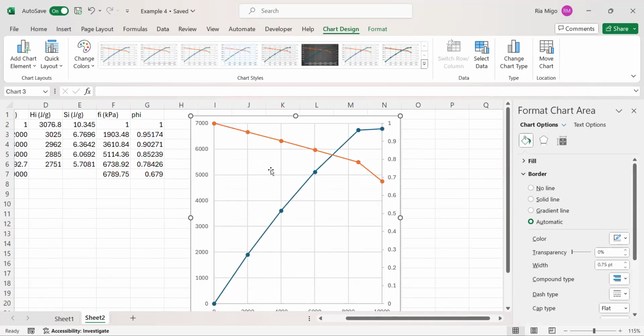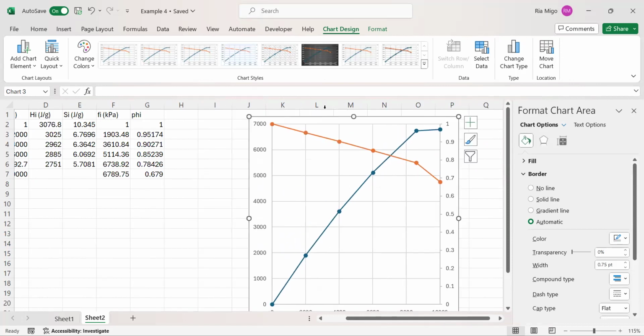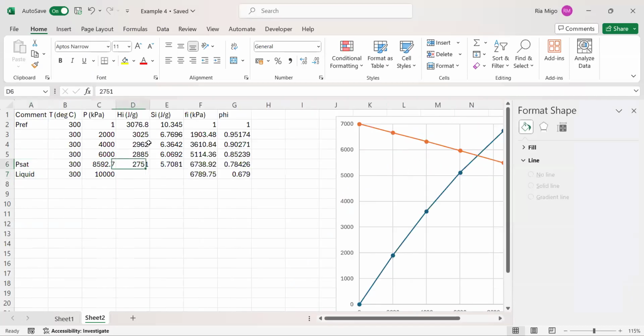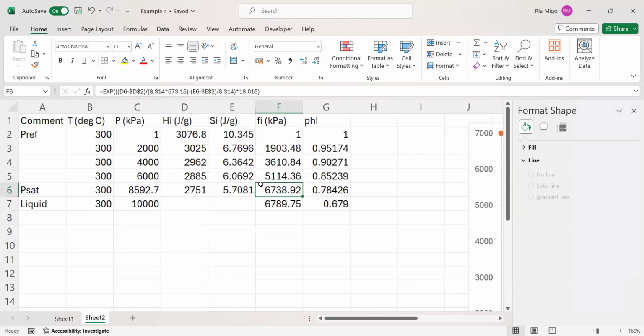And then you can also make another plot. Right now what we have is the solid black lines, and that's already the answer. But you can make a plot of the phi saturation. At saturation pressure, this is the phi saturation, 6.738.